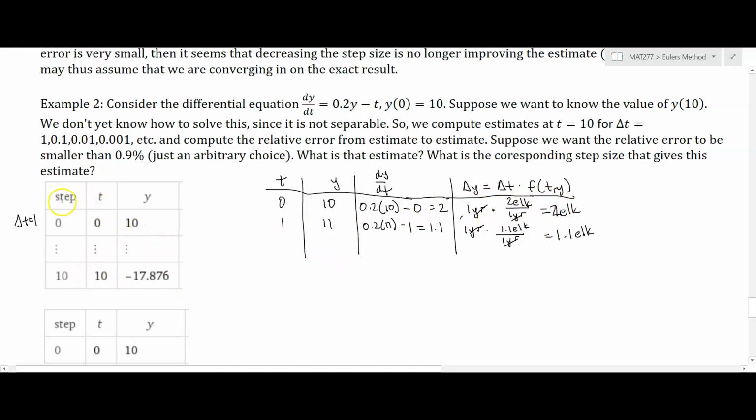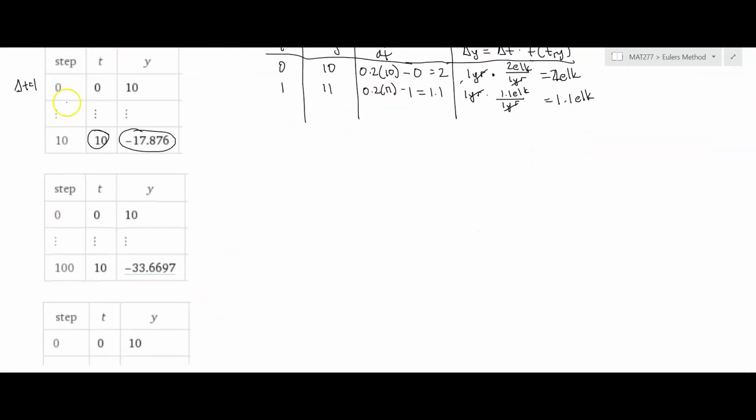But this is telling me that at time 10, right here, my estimate of y is negative 17.876. If I compare that to a delta t of 0.1, and the way you know that is because it took 100 time steps to get to time 10, 0.1, 0.2, 0.3, 0.4, all the way counting up to time 10. And now my new estimate is negative 33.67.